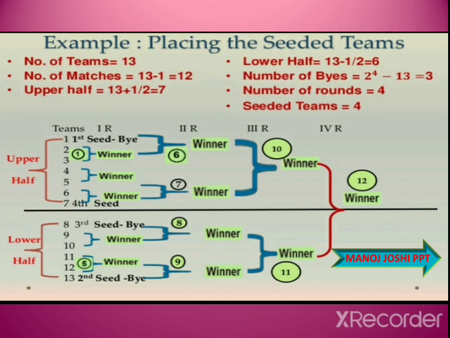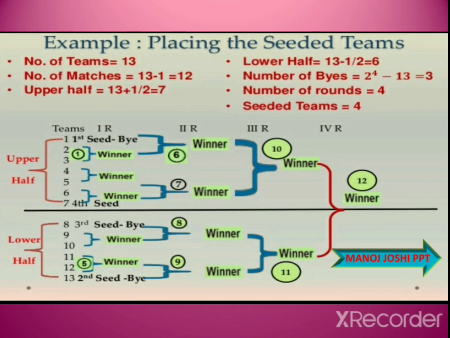Seeded teams are 4, because in this I am telling you about how we seed the teams, the seeding process. So 3 byes are there, but the number of seeded teams is 4. No problem, because 3 seeded teams are getting byes here. We do not have a 4th bye, that's why we cannot give a bye to the 4th seeded team.